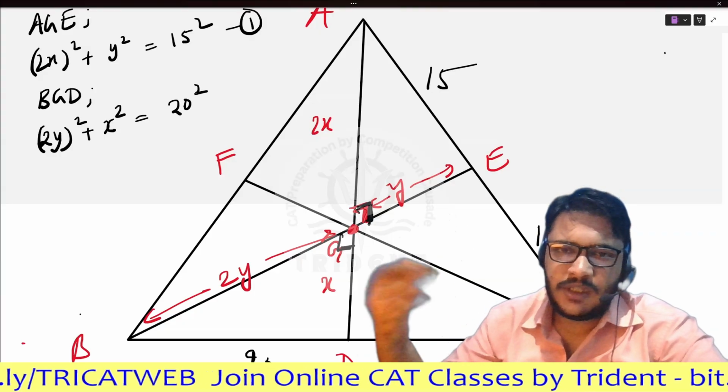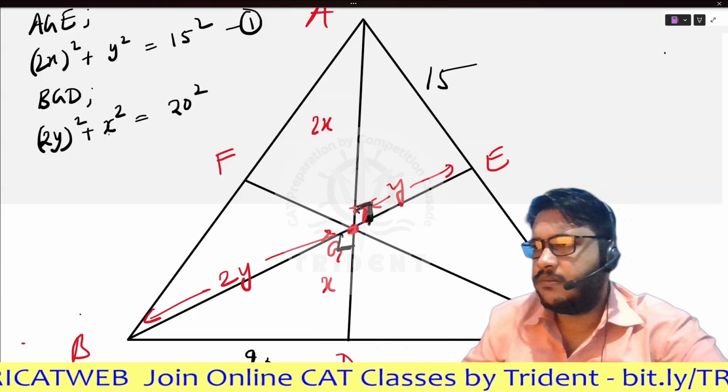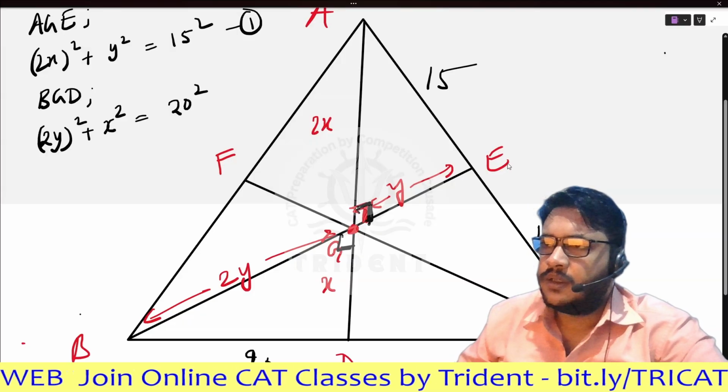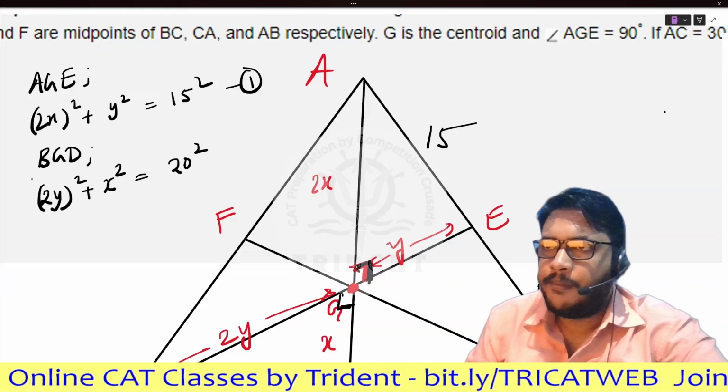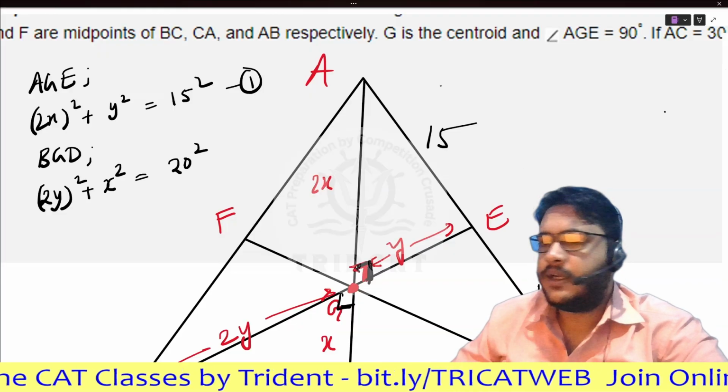Now just from these two we can get the value of x and y, and we can possibly get almost everything. Okay, so I'll write it over there.